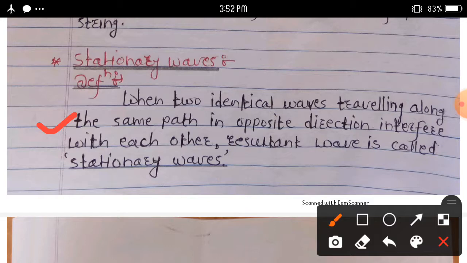What do you mean by a stationary wave? When two identical waves traveling along the same path in opposite directions interfere with each other, the resultant wave is called a stationary wave.